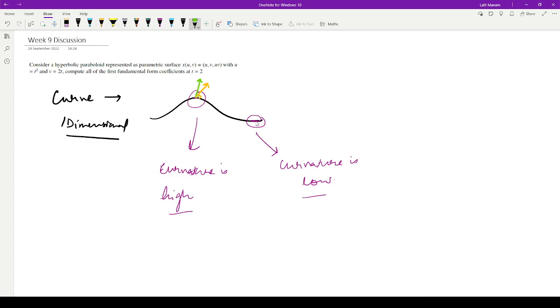Similarly, if I draw a point here, this would be the normal to the point. And if I go slightly adjacent to that point, you can see that normal will almost be the same as this normal. So these two will be very close to each other. Do you agree with that?